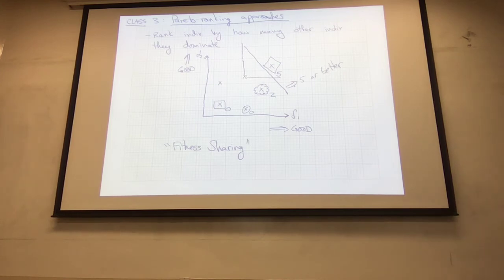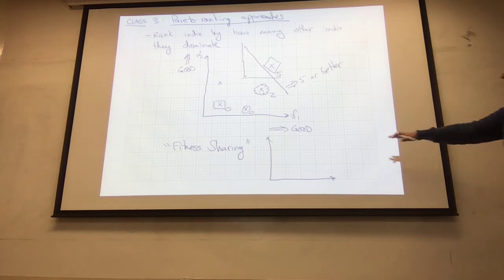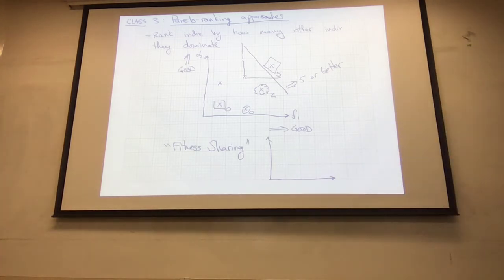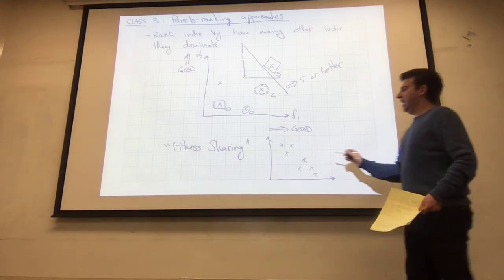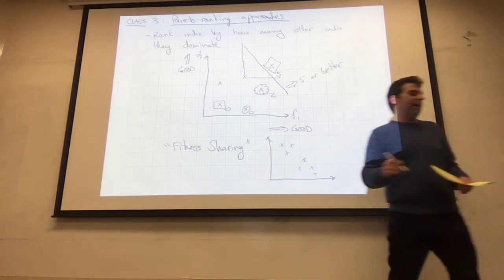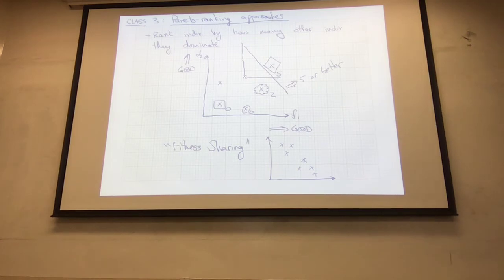Say I've got my Pareto frontier here. Well, I actually don't know where the frontier is, but right now I've just got a bunch of points. Some are up here and some are down here. In criteria space, for every point, I am going to draw a circle.